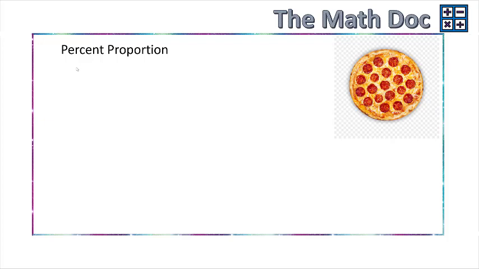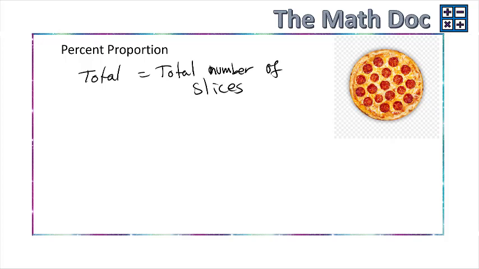So the total number of slices is, we'll call that just the total of our slices, okay? So this equals the total number of slices. Okay, now of that total, we're going to take a certain number, okay?